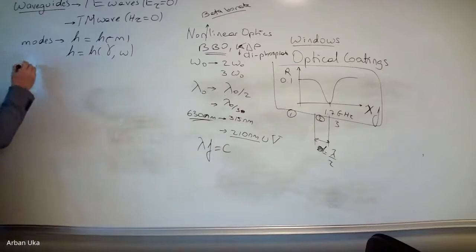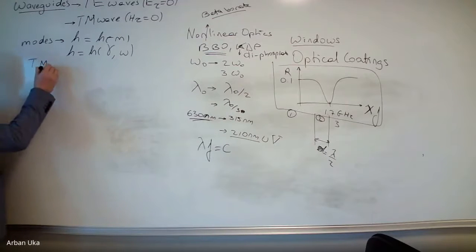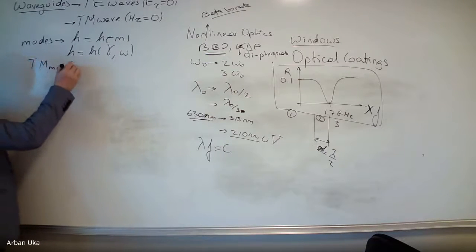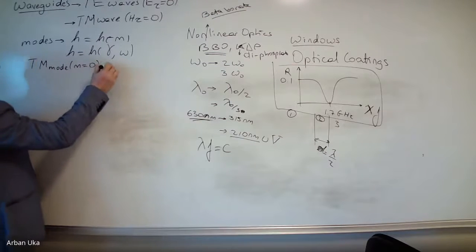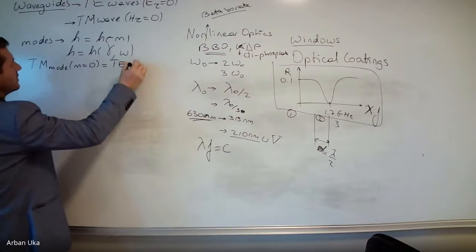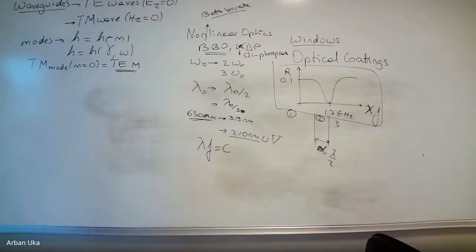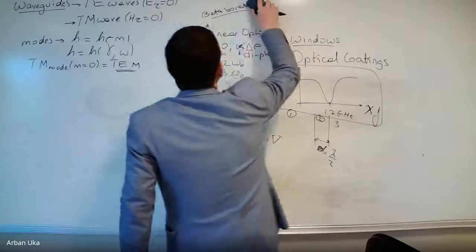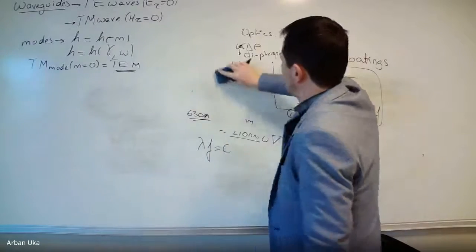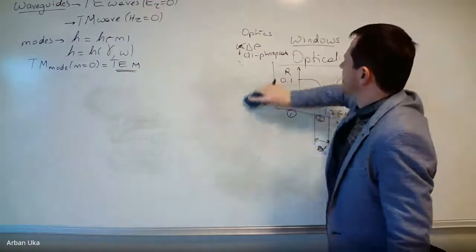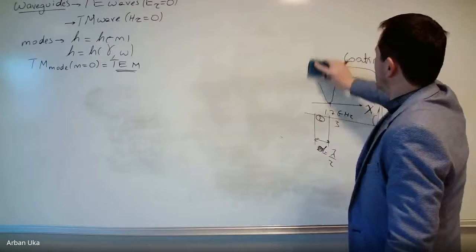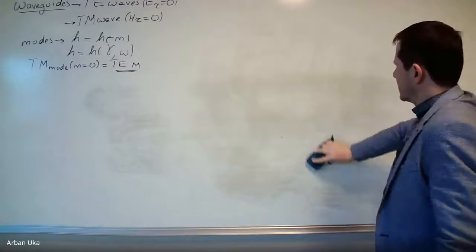Then we noticed that for the TM mode for which m is equal to 0, we get a TEM mode, which is a transverse electromagnetic field. So we can have a waveguide where the electric field and the magnetic field are both on the XY plane.